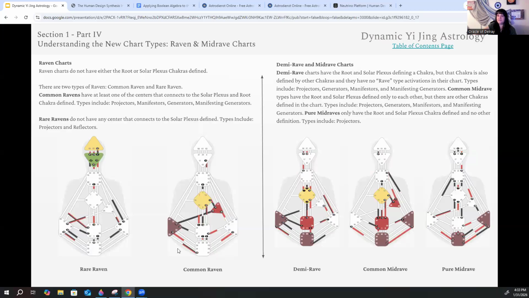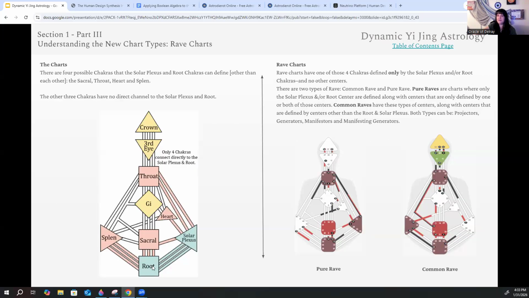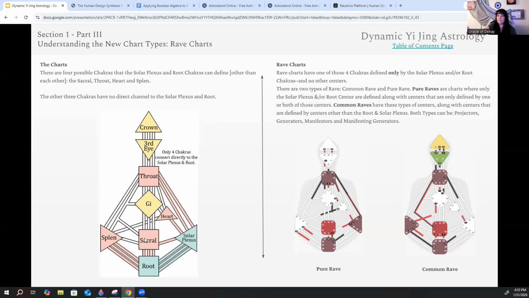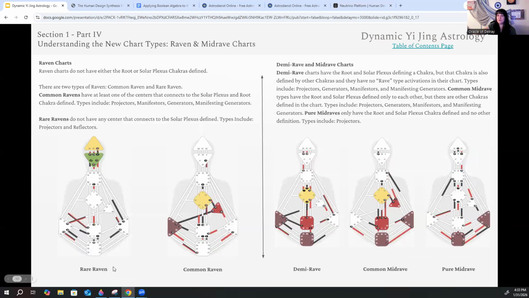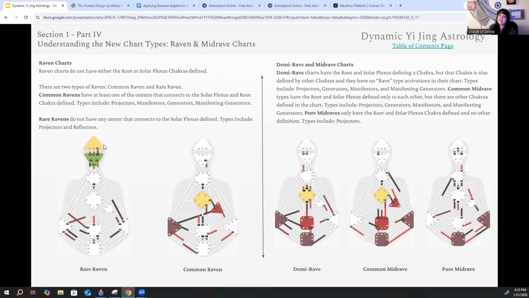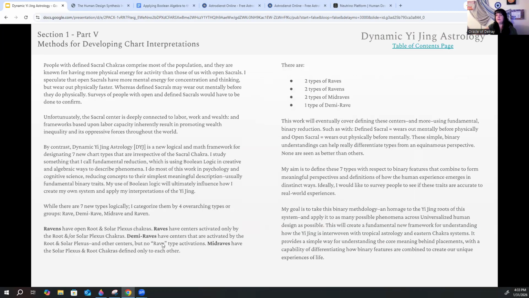Rare ravens can be either this type of projector, a mental projector without a throat defined, or they can be reflectors. Common ravens can be every type but reflectors. So there are a lot of different types of common ravens out there.